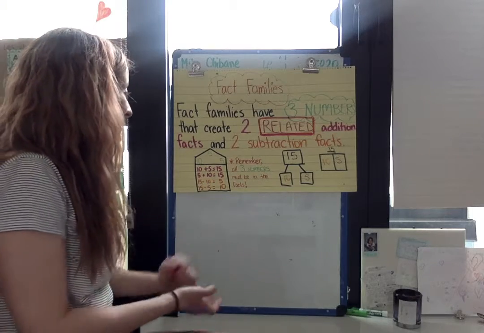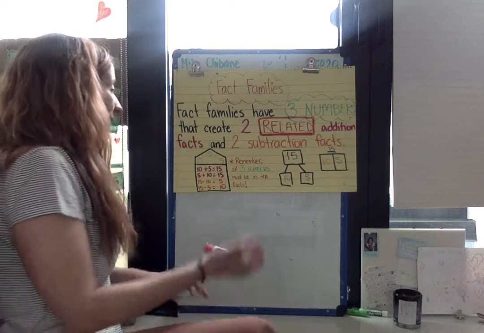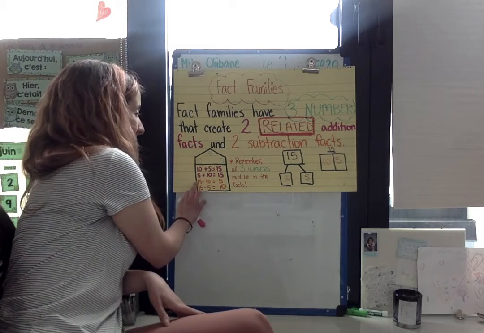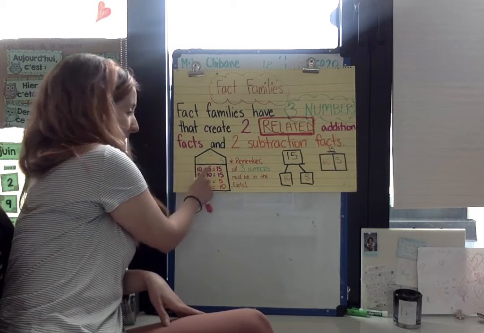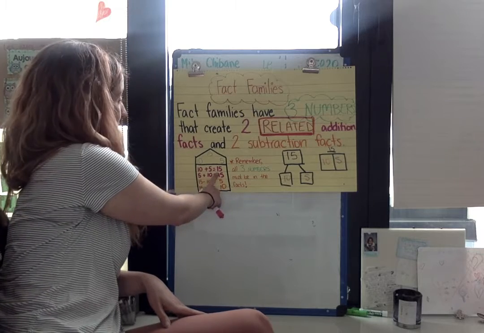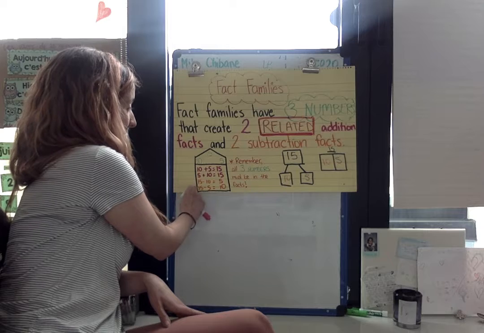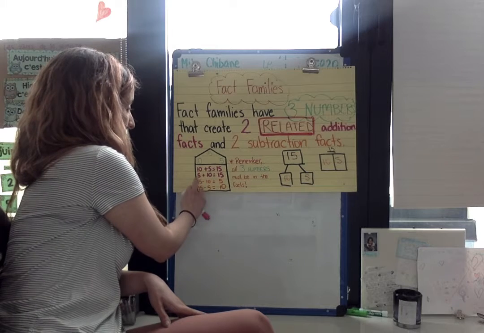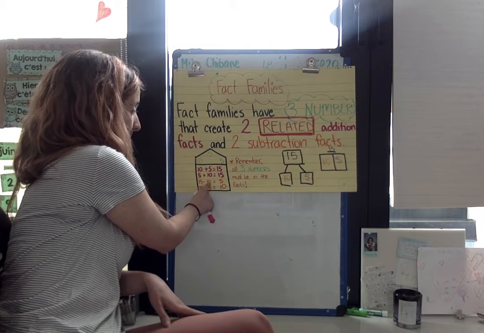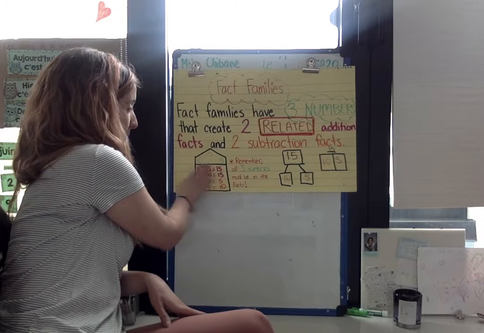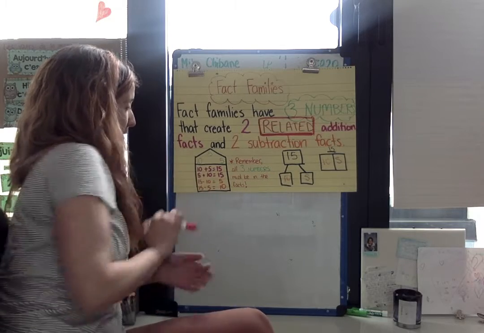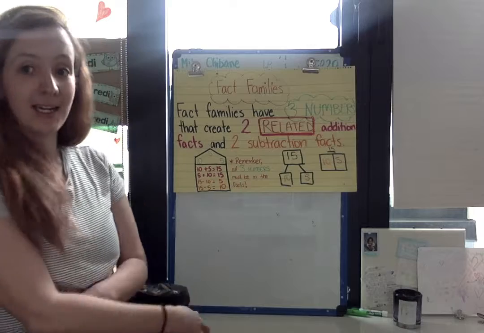Now, relating that to subtraction, I know that if I add 10 to 5, I get 15. So I know that if I take away 10 from 15, I get 5. So 15 minus 10 equals 5.